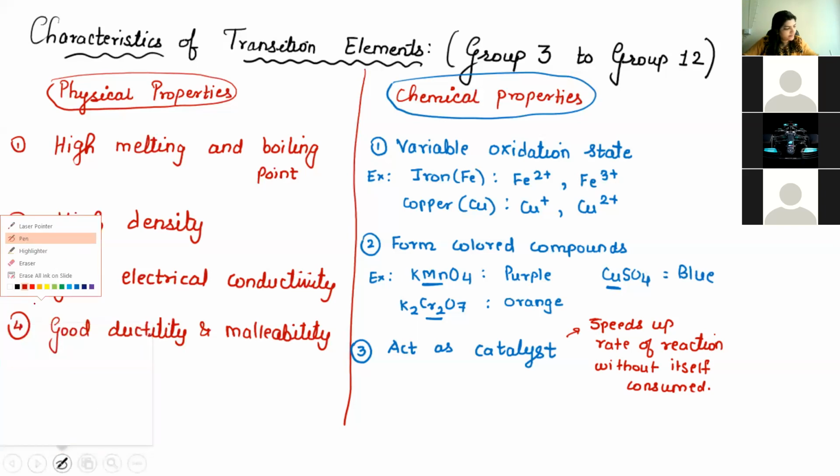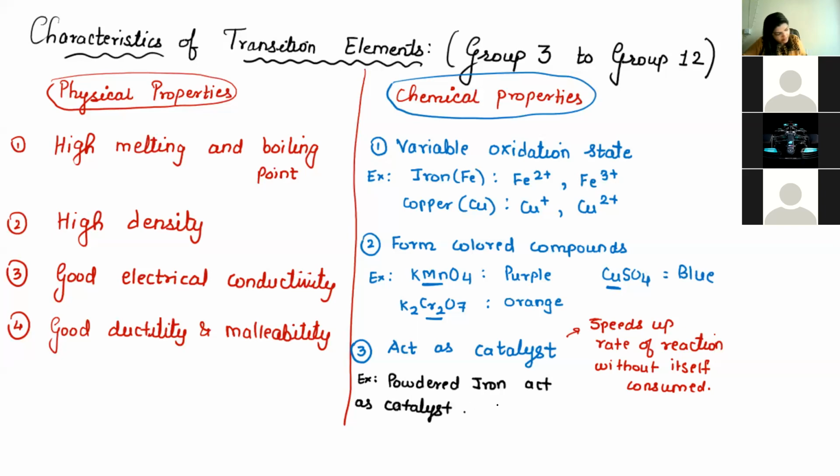Example, powdered iron acts as catalyst in the manufacture of ammonia. The process name is Haber's process.